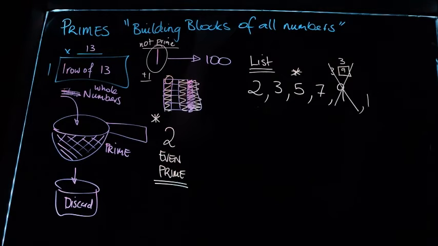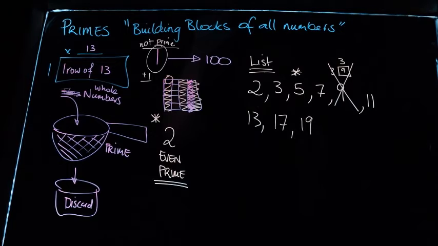Okay, so next on our list is 11. I'm dropping down here, 13. 15 is not going to, we're just going to discard it. 17's on our list, 19's on our list. 21's not on our list because 21 is 3 times 7.